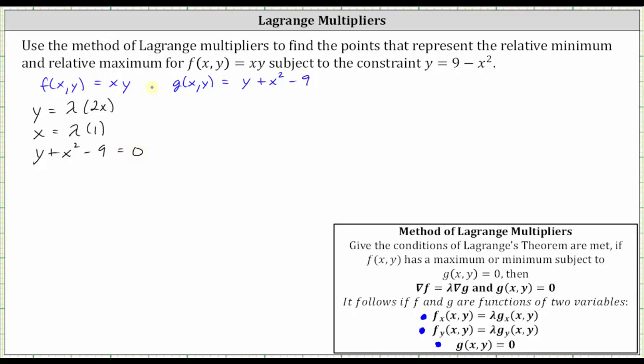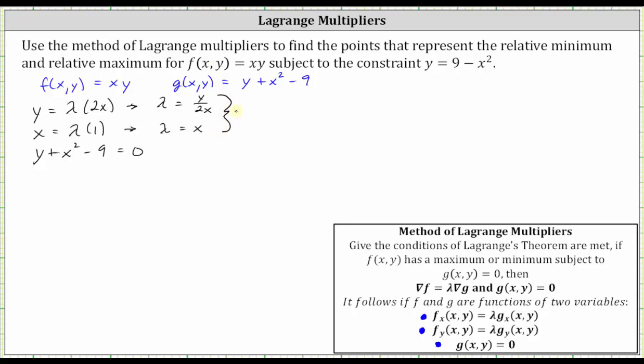To begin solving the system, let's go ahead and solve these first two equations for lambda. For the first equation, we would divide both sides by 2x, where lambda is equal to y divided by 2x. And for the second equation, we have lambda equals x. Notice both equations are solved for lambda, which means y divided by 2x must equal x.